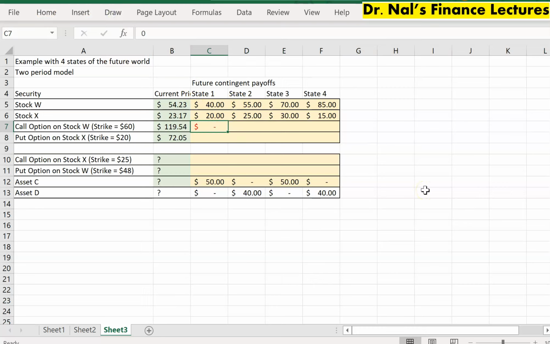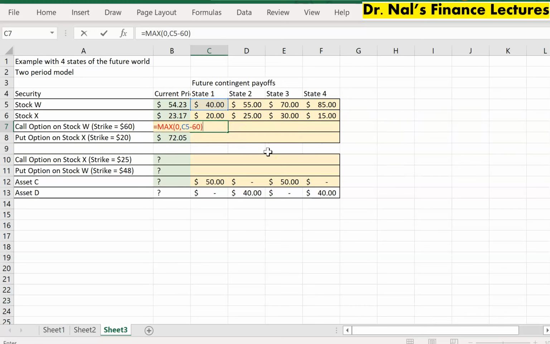Let me write a function for you: the maximum of 0 and this number minus 60, basically, the difference.